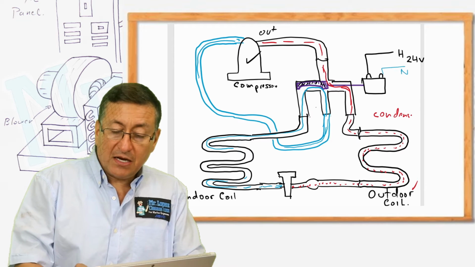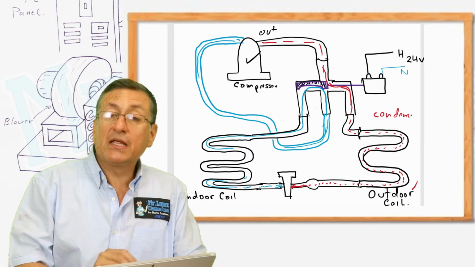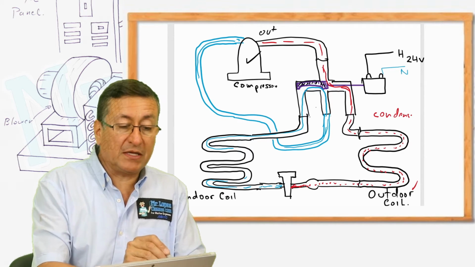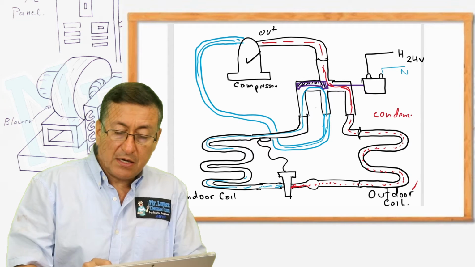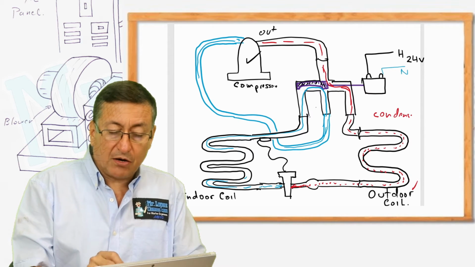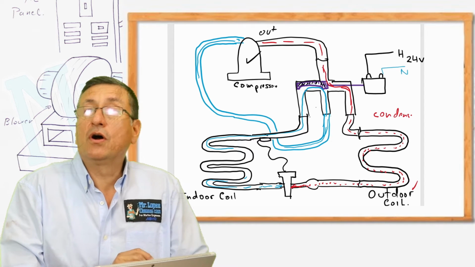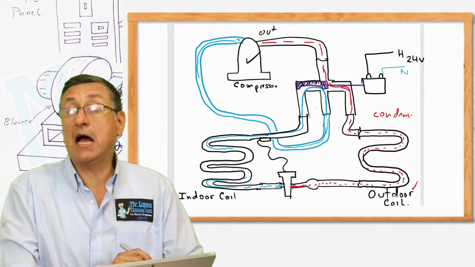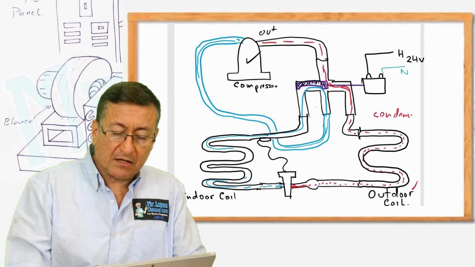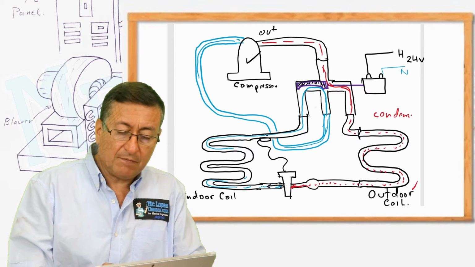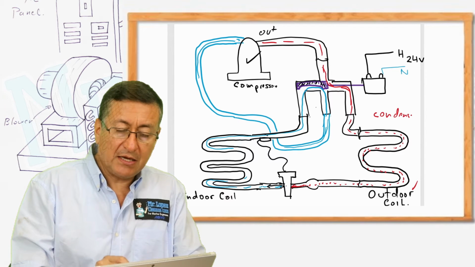After that, the refrigerant is liquid and enters the expansion valve. Remember that the expansion valve has the sensor with a capillary pipe, and the bulb is located here. The expansion valve opens according to the temperature of the refrigerant coming out from the evaporator. The thermal expansion valve opens, and the refrigerant enters here as liquid and starts to evaporate.